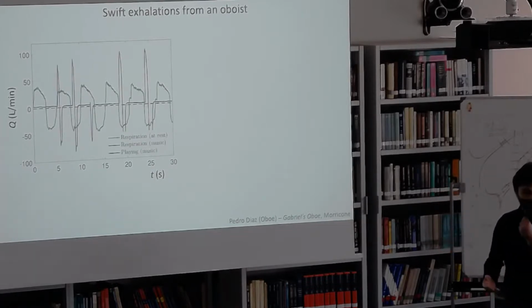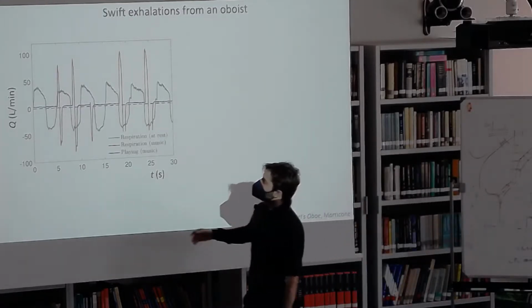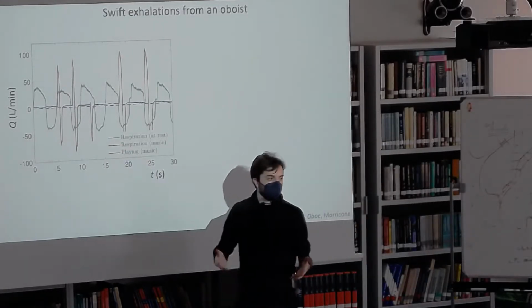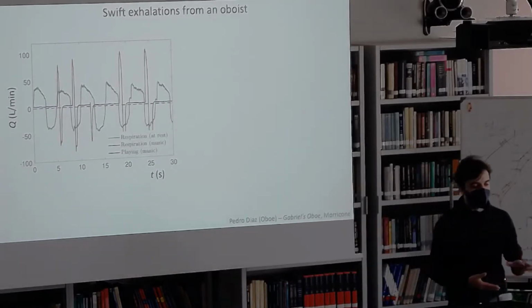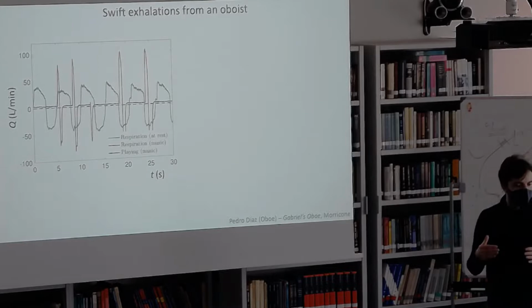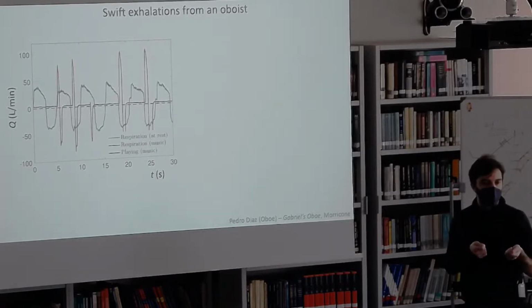But when playing, you have this weird pattern where the signal that you measure in blue is associated with the note that is playing, at a very low value, 2 or 3 liters per minute. It's more or less constant. But he's not able to get out enough air from his lungs before inhaling fresh air. So he needs to rapidly expel some air before being able to inhale new, fresh air.